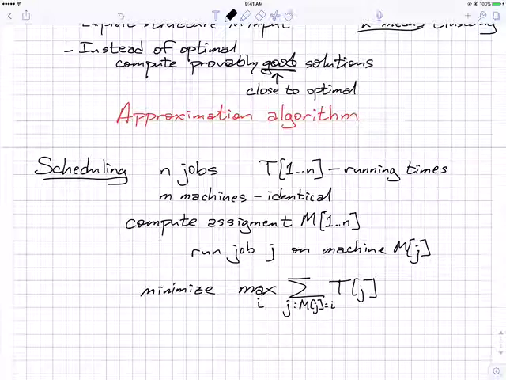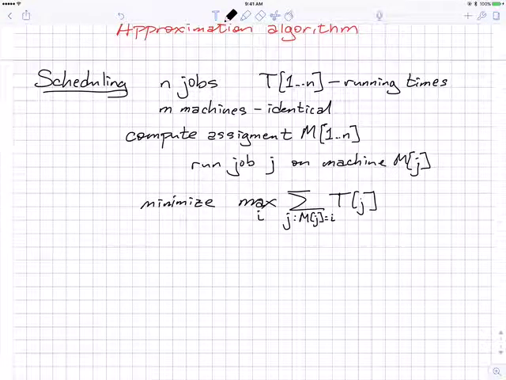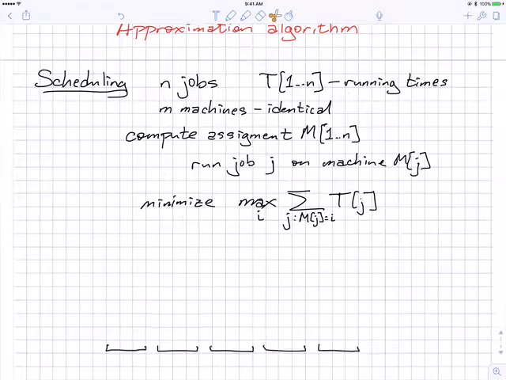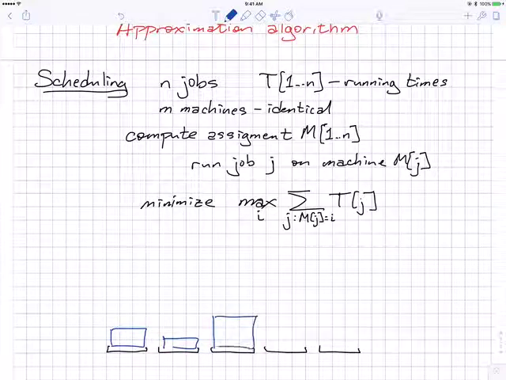So I take the max over all machines, and that is the function that I want to minimize. There's a reasonable picture you can imagine here, by thinking of the machines as bins and the jobs as boxes. So I'm going to put one box here, and another box here, and another box here.